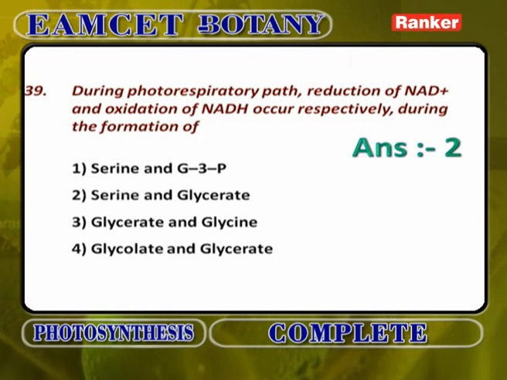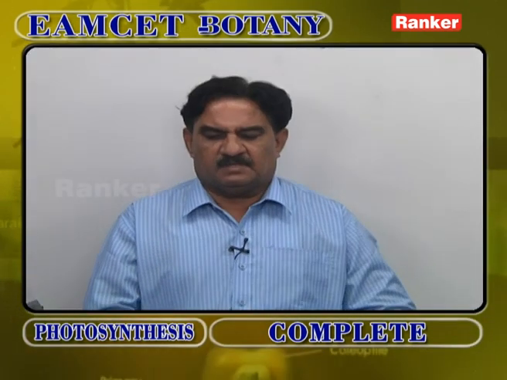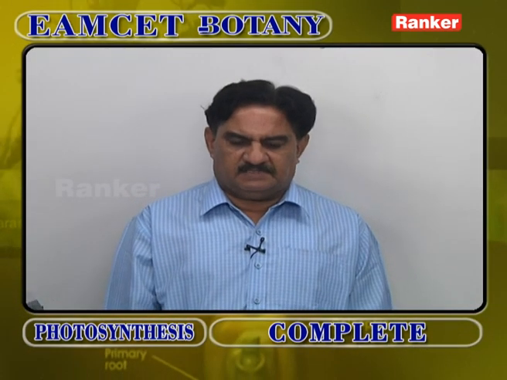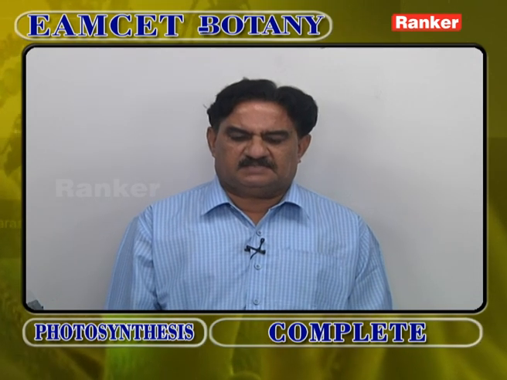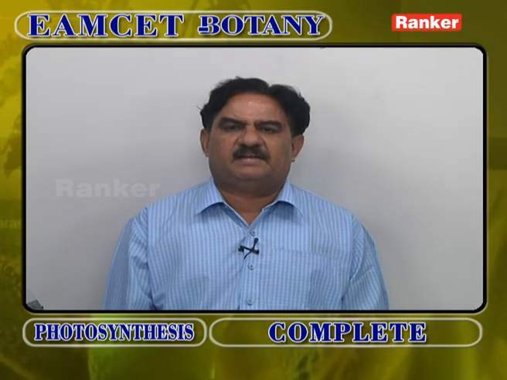During the photorespiratory path, which occurs in chloroplast, peroxisomes and mitochondria, reduction of NAD plus and oxidation of NADH occur respectively during the formation of serine and glycerate.